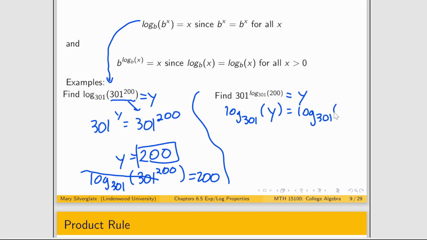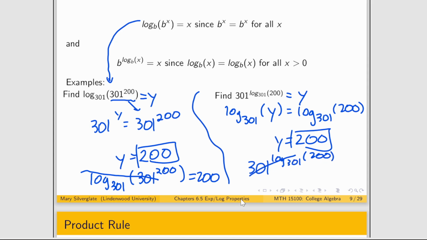Log base 301 of 200. So what I just set up for myself is saying log base 301 of something is equal to log base 301 of 200. So what does that something have to equal? 200. So that's why, as shorthand, anytime you see logarithms and exponents mixing and their bases match, people just cross it out, say that cancels out, leaves you with whatever's left. That's really what's going on here.